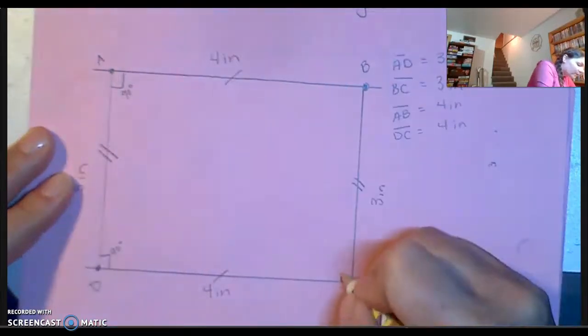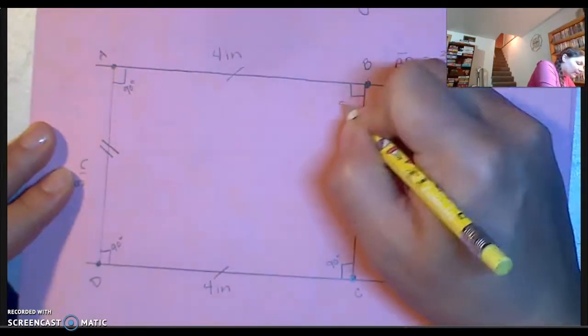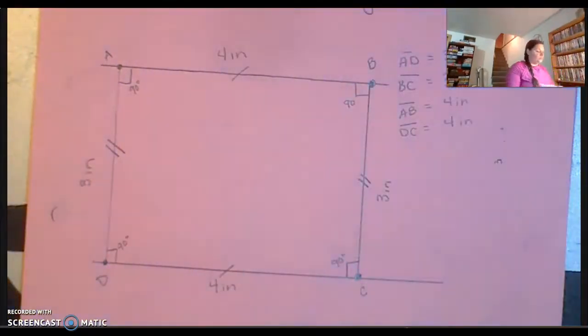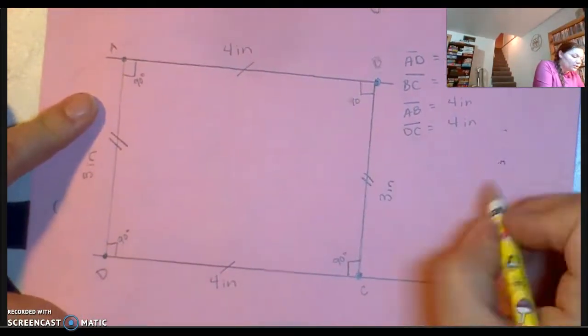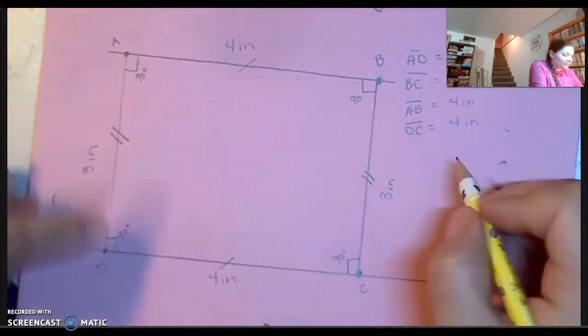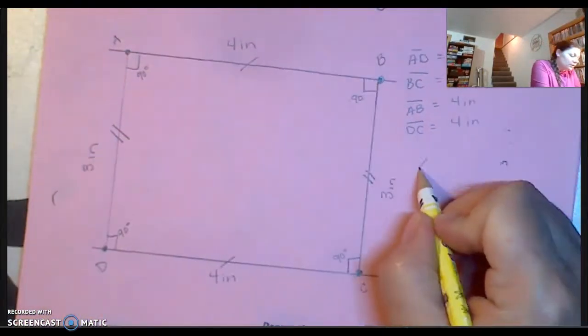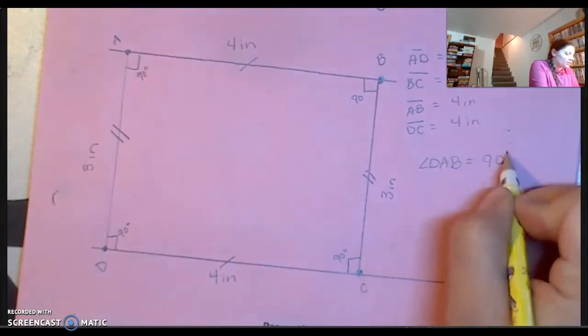So I'm going to go ahead and do that on all 4 angles of my rectangle. So all 4 are equal to 90 degrees. We're going to call this one DAB. Angle DAB equals 90 degrees.